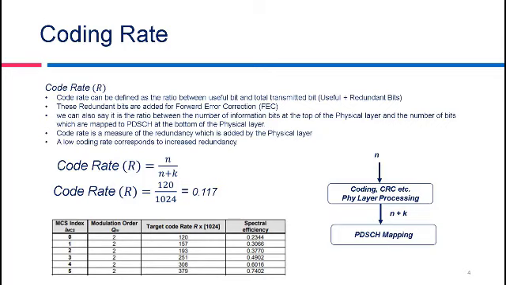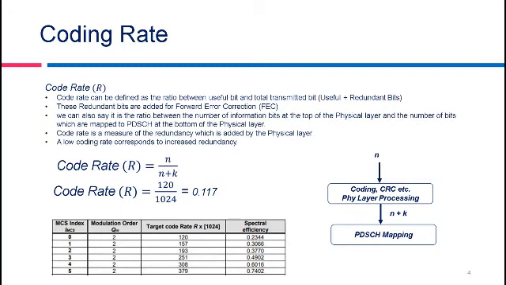These redundant bits are added at the physical layer for forward error correction. In other words, the code rate is the ratio between the number of bits at the top of the physical layer and the number of bits which are actually transmitted or mapped to the PDSCH channel at the bottom of the physical layer.